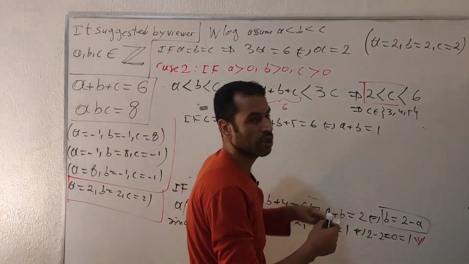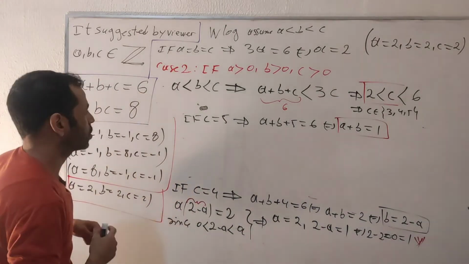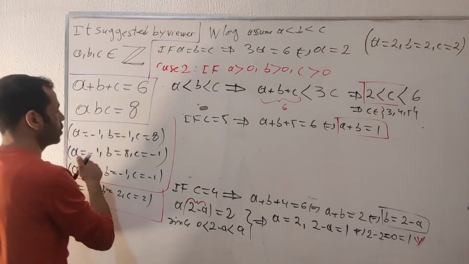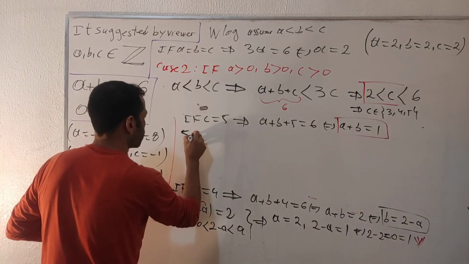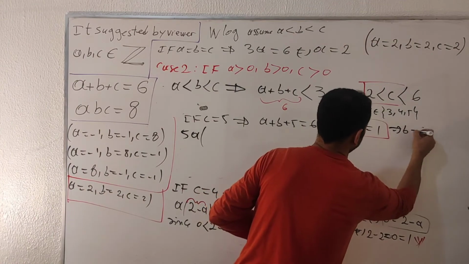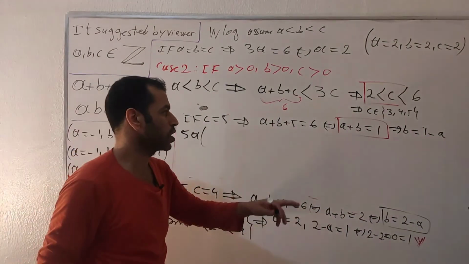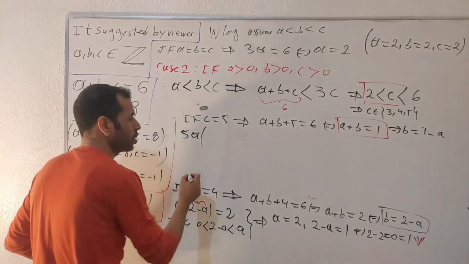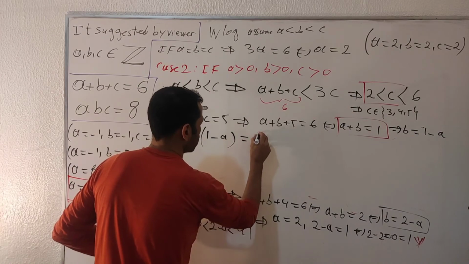Then for the second equation, I replace C with 5. I get 5 multiplied by A, and B will be replaced with B equals 1 minus A. Which means I get 1 minus A multiplied by 5A equals 8.